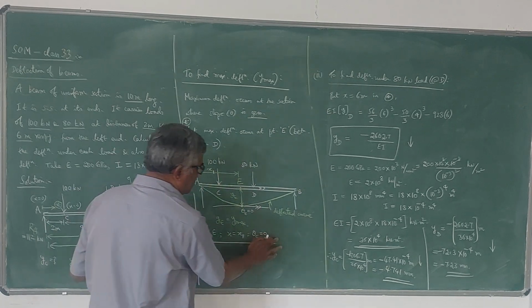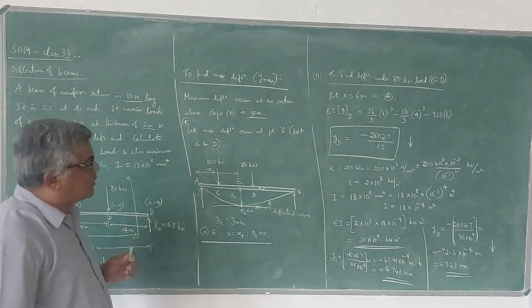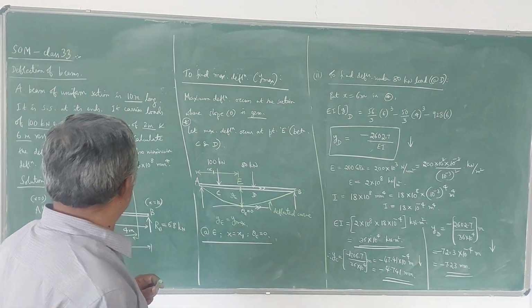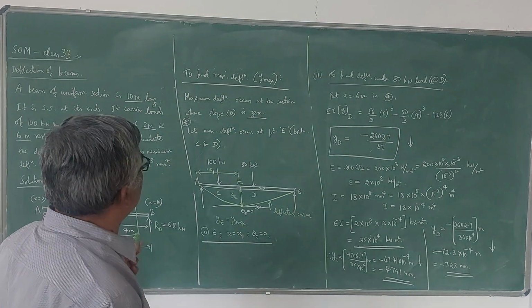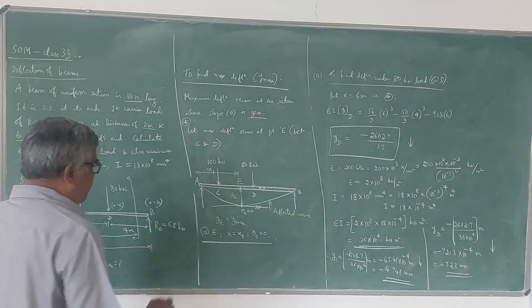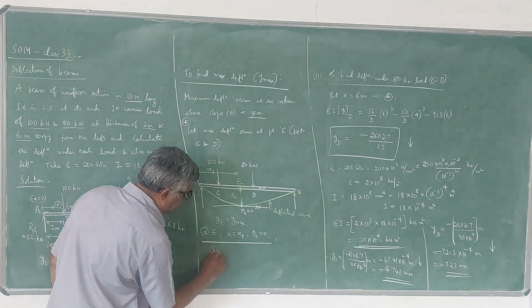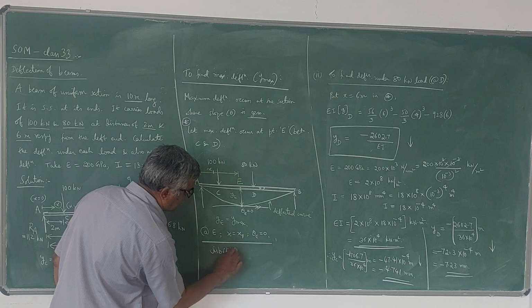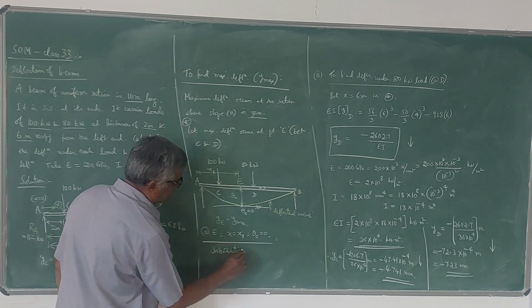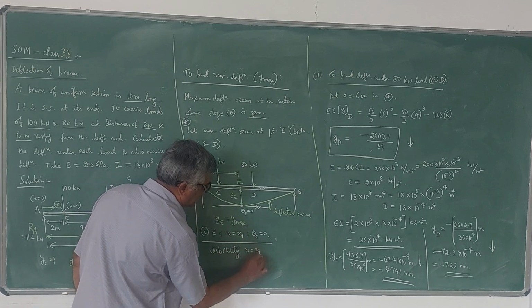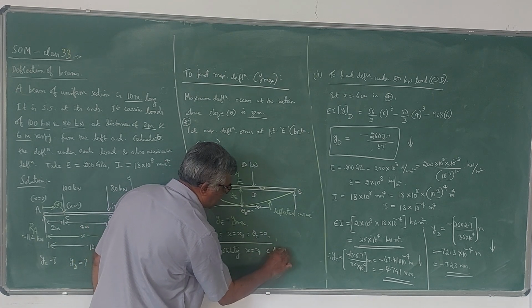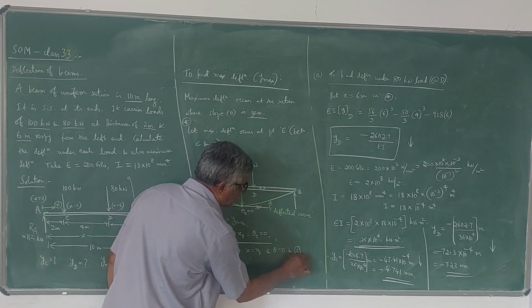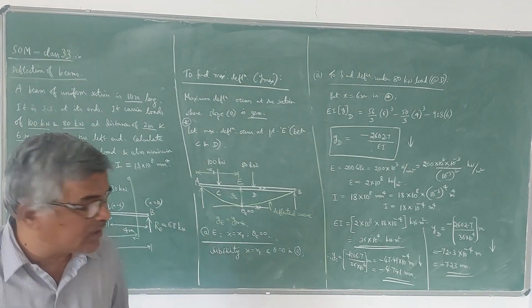What is that? First equation I have to use. What we have to do here is substitute x is equal to x1 and theta is equal to 0 in equation 1. I think I have to write that equation.